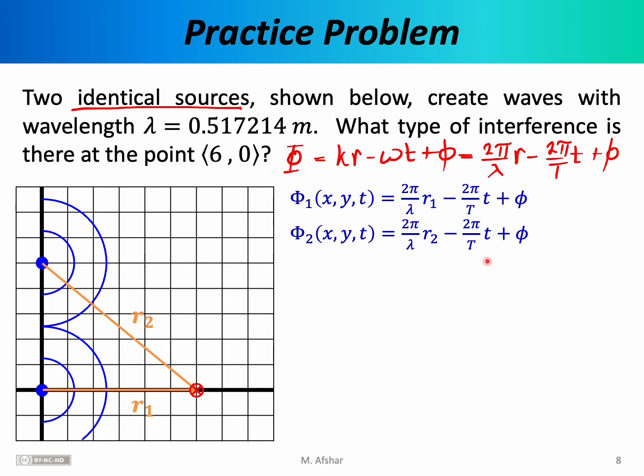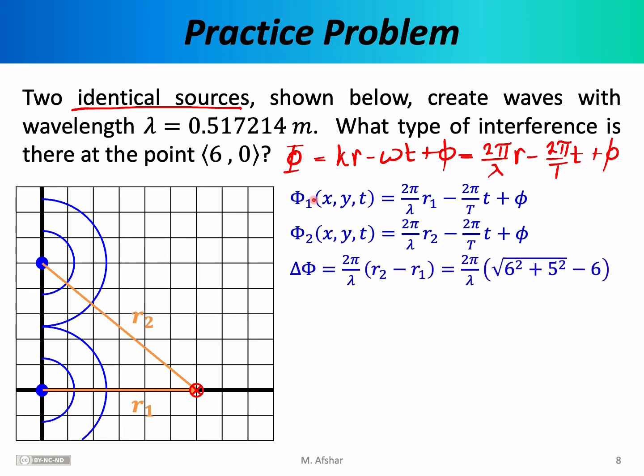Now recall that the type of interference you get depends on the difference between these two phases. If the difference between Phi1 and Phi2 is an even multiple of pi, I'm going to get constructive interference. If it's an odd multiple of pi, I'm going to get destructive interference. And if it's something else, neither even nor odd, then I'm going to get partial interference. That's the most common case, but it's also the least interesting case.